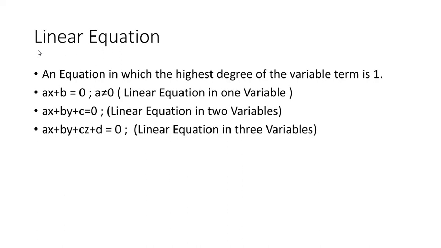So first, linear equation. What is a linear equation? In the last two slides we had seen what is an equation and what is not an equation, and now we are slowly going into the types of equations.